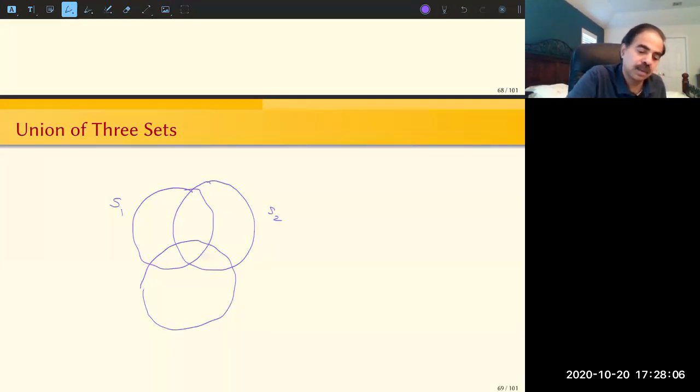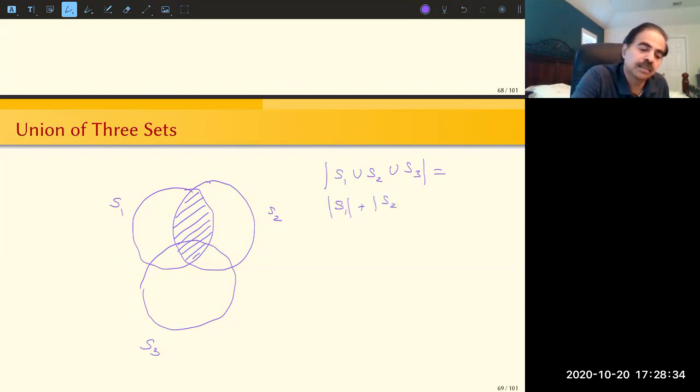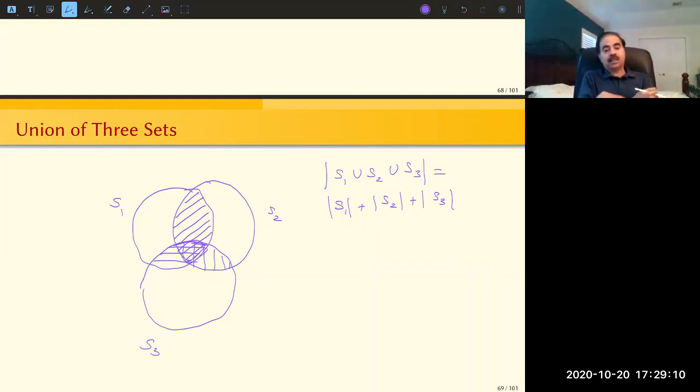How would we go about calculating it? Clearly, if you simply add up the sizes, you can see that all the shaded regions get counted at least twice, and this region in the middle seems to be getting counted multiple times.